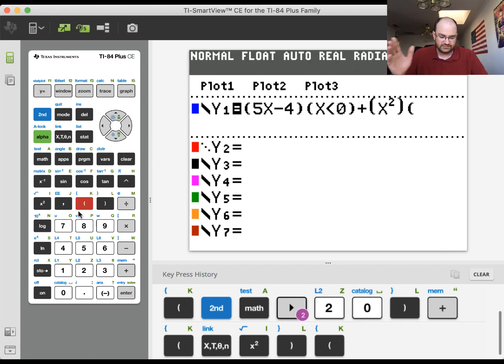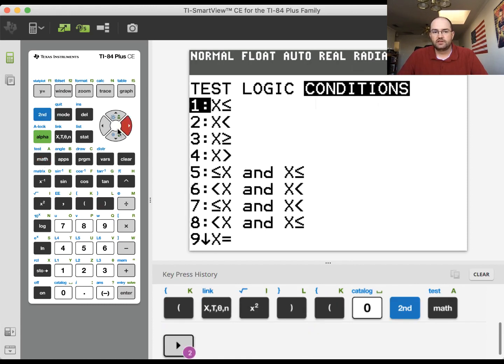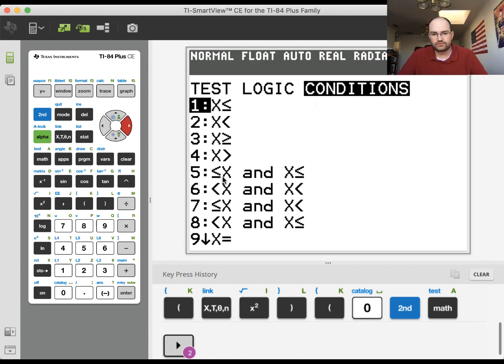Now it's 0 is less than or equal to x is less than or equal to 3. So I'm going to start with a 0, and then go to condition, which is second math, and then 0 less than or equal to x less than or equal to 3. So less than or equal to is right here, less than or equal to is right here. Now if any of these were different, if it was less than or equal to and less than, I would use 7.